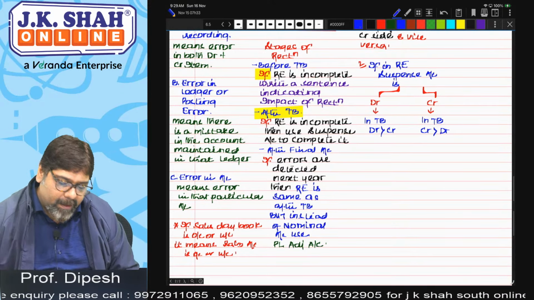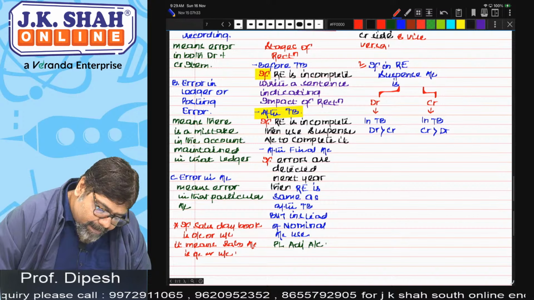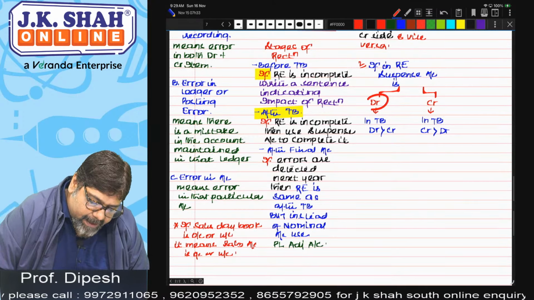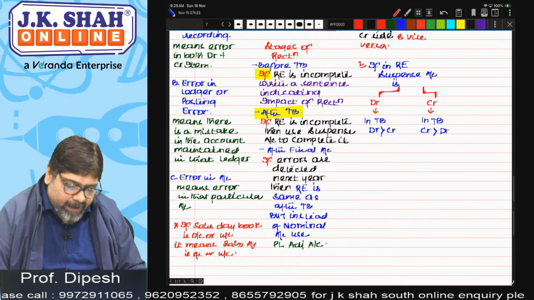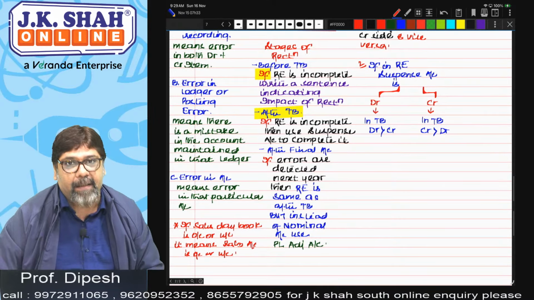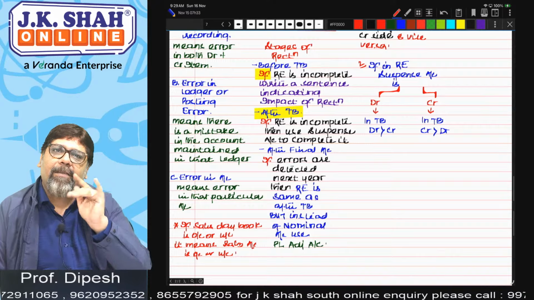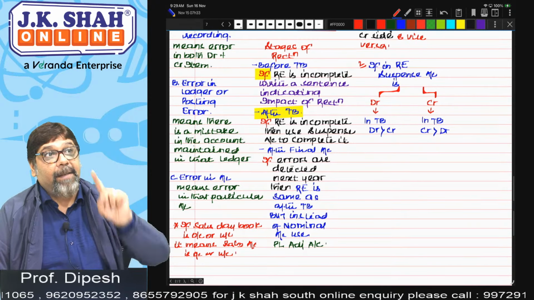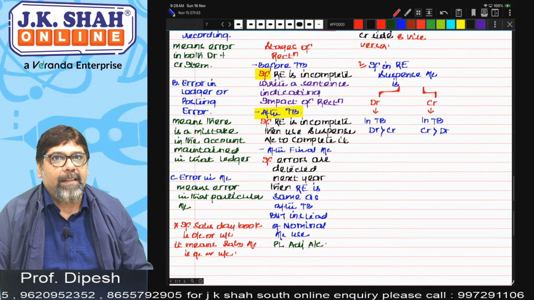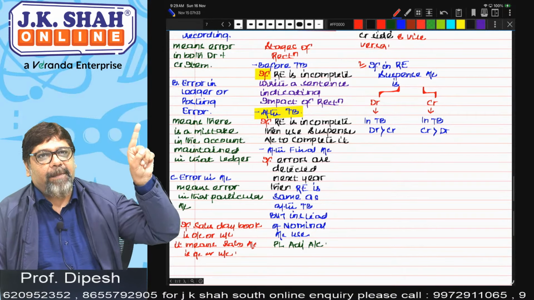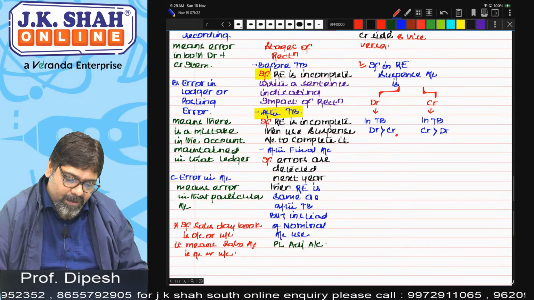Again, I repeat the logic. If in rectification you are debiting suspense account, that means it is nullified. That means in trial balance it was on which side? Credit side. If in trial balance suspense is on credit, debit is more.